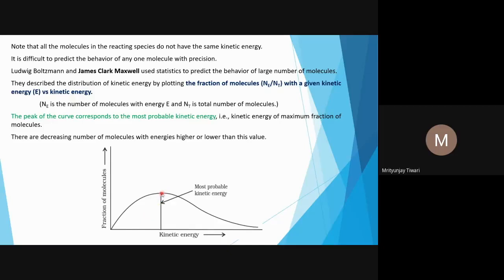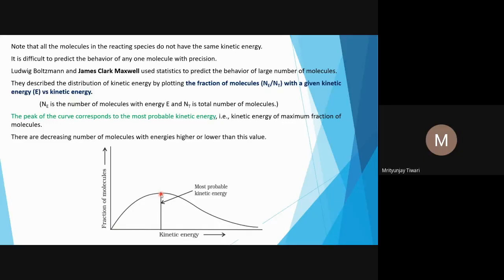So what we know, the highest fraction of molecules will be at the peak. So the peak represents the highest number of molecules with that energy, and we call this the most probable kinetic energy. The most probable kinetic energy means the highest number of molecules have that kinetic energy.